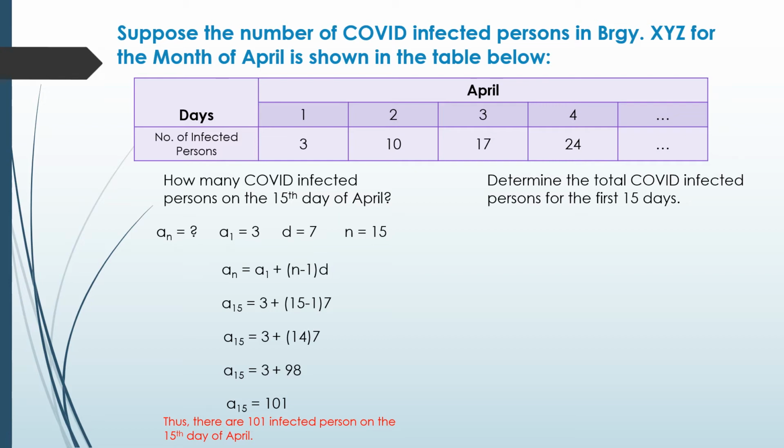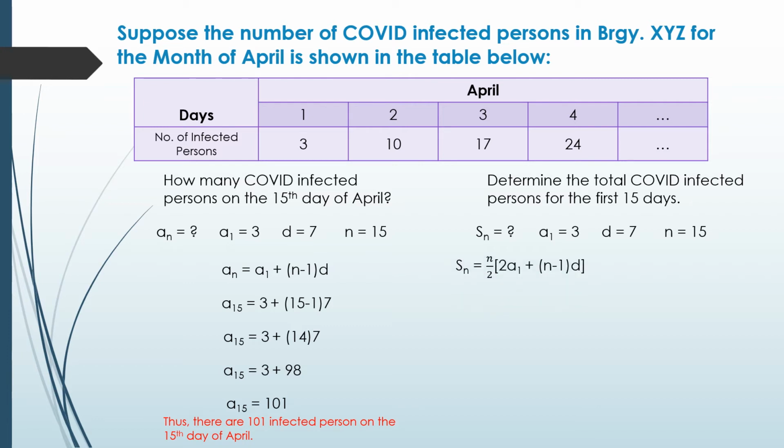Since we are going to get the total, we are going to solve for S sub n. So S sub n is unknown, and the first term is 3 again. d is 7, while our n is 15, because we are going to get the total COVID-infected persons for the first 15 days.